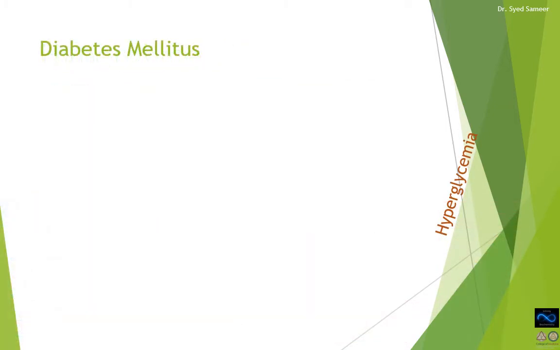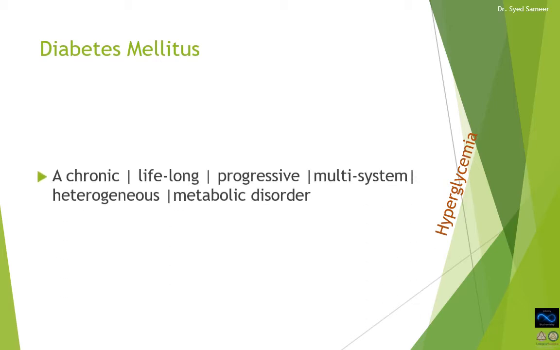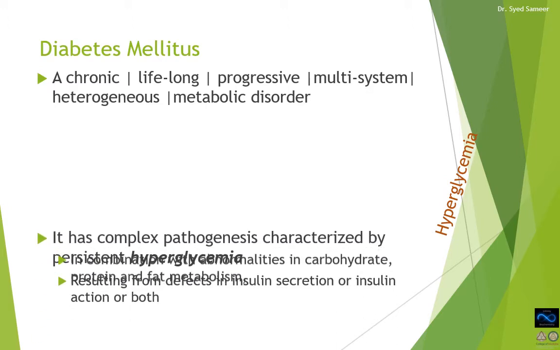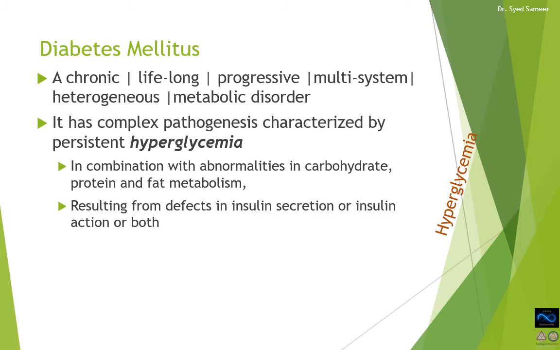So the hyperglycemia, also known as the diabetes mellitus, is a chronic lifelong disease which is usually progressive in nature and affects the multi-system organs. It is classified as a heterogeneous metabolic disorder because it affects the whole metabolism of a patient. As it has complex pathogenesis, the foremost and the best diagnostic feature, as I already covered, is the persistent hyperglycemia.